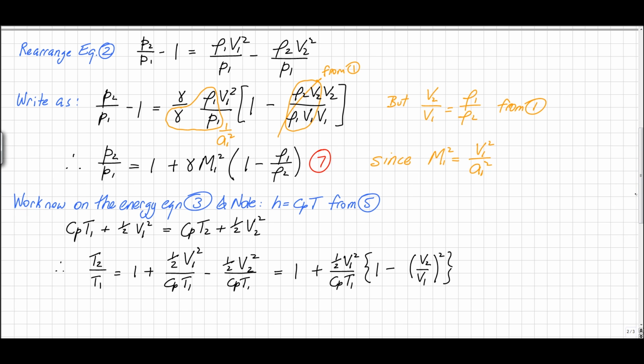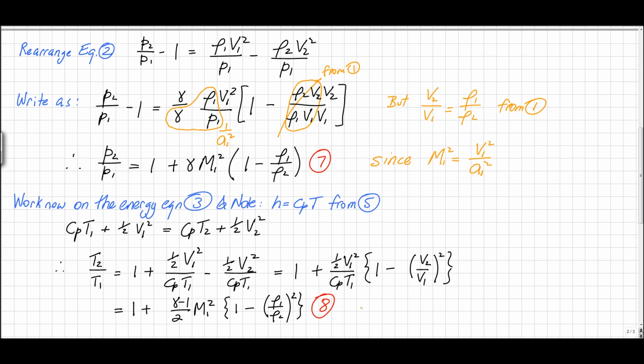That is equal to 1 plus gamma minus 1 over 2 M1 squared times 1 minus rho 1 over rho 2 squared, and we call that equation 8.